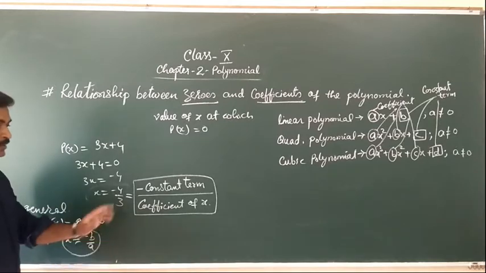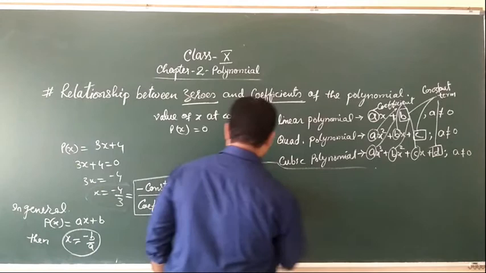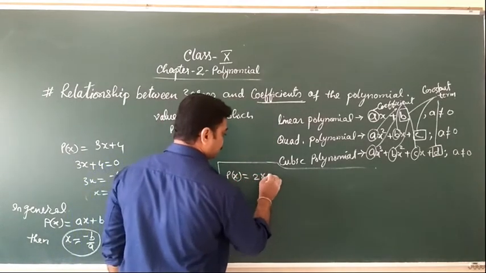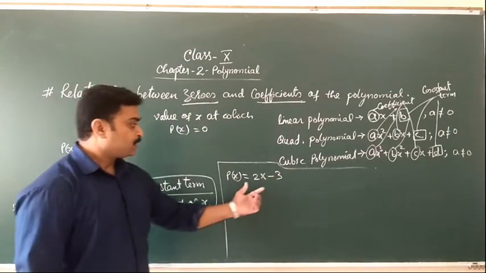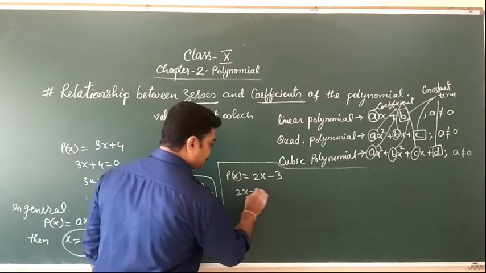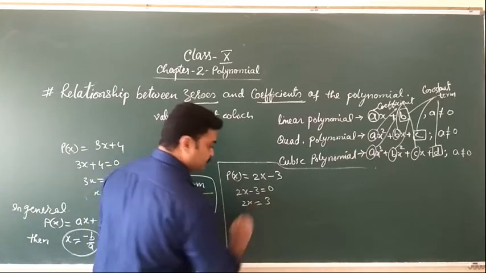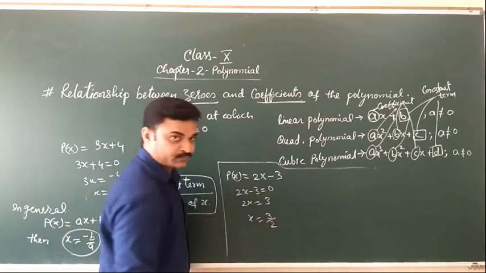Got it? Suppose we take some examples. Suppose p(x) is equal to 2x minus 3. So what is the zero of this polynomial? We put 2x minus 3 is equal to 0. Then 2x is equal to 3, then x is equal to 3 upon 2.